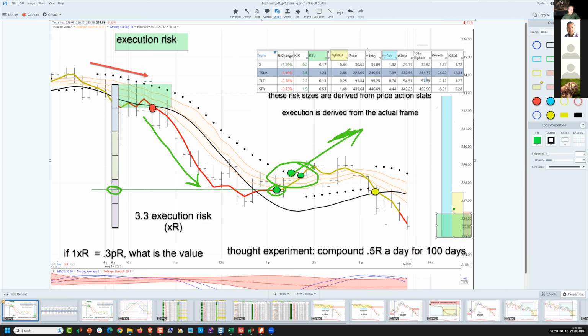So if we get this exit here, I want to just hit the tote board here and say 1, 2, 3.3. This is a 3.3 execution risk. Well, how much of a position size risk is that, Ken?